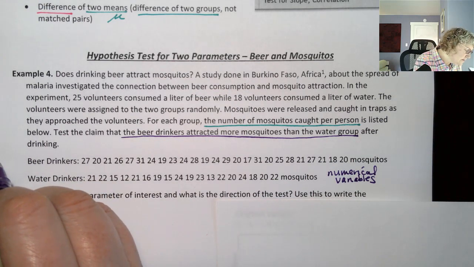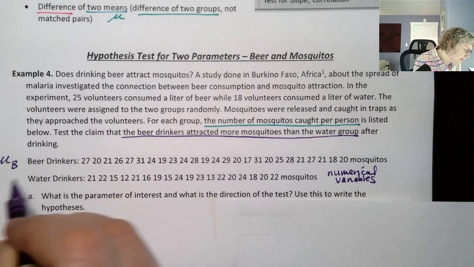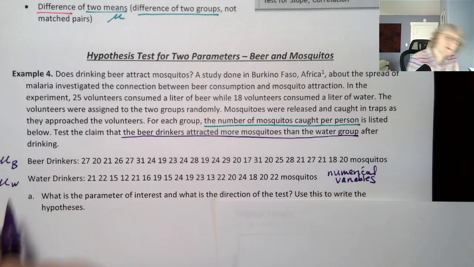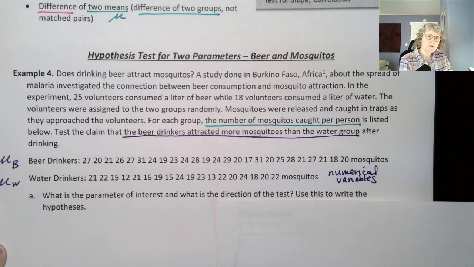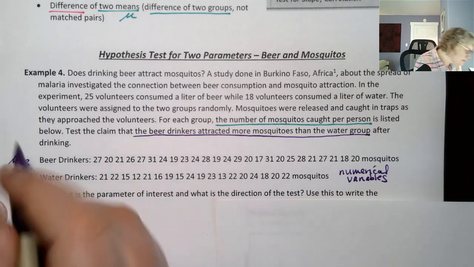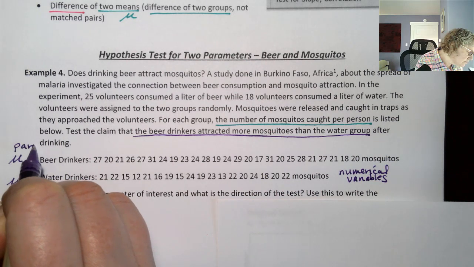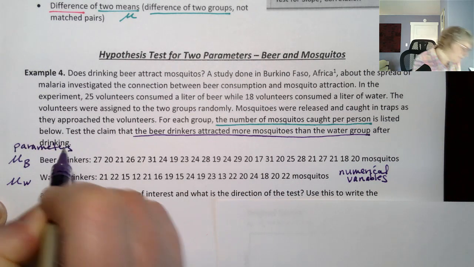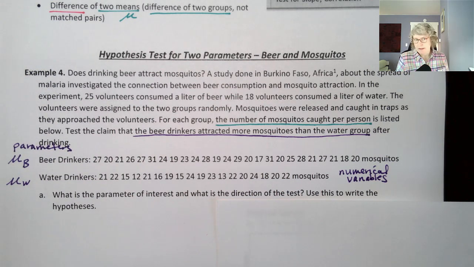So think about this. Let's say we have a mu for the beer drinkers and a mu for the water drinkers, right? So those are going to be our parameters. And then we'll get to the statistics in a minute as well, right?